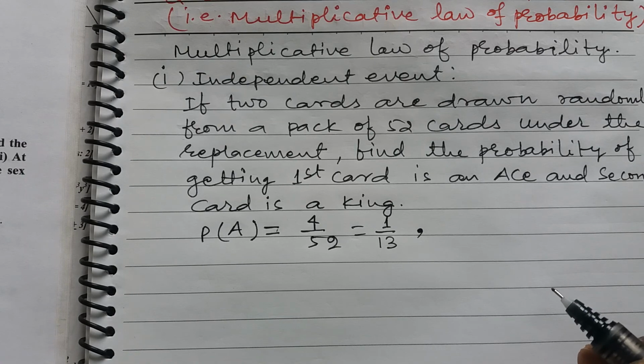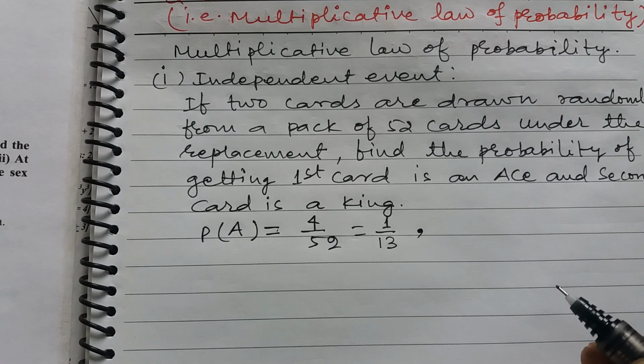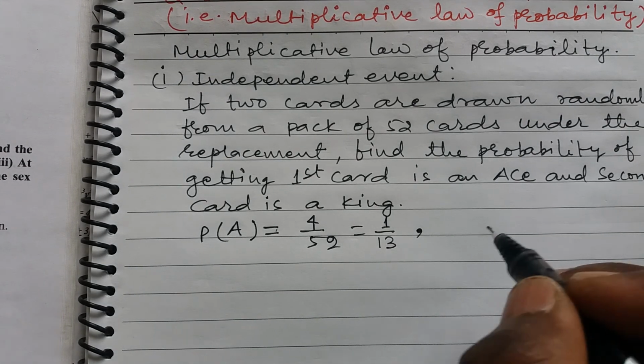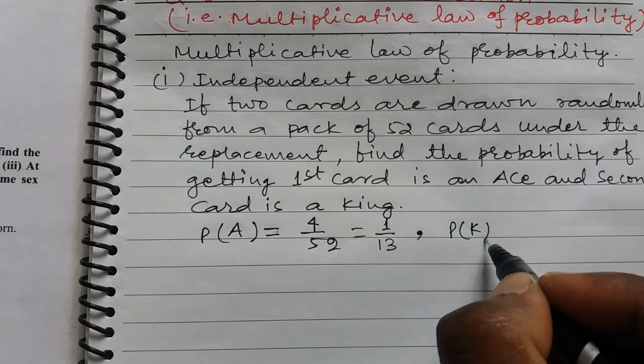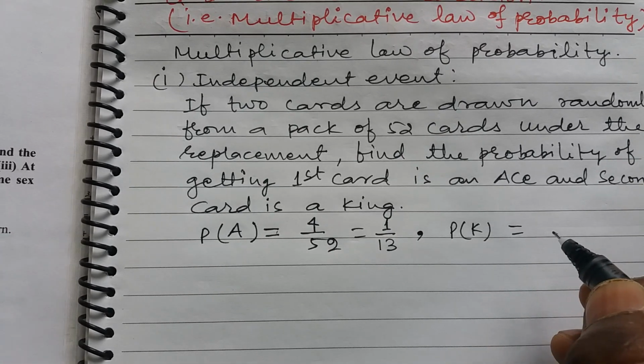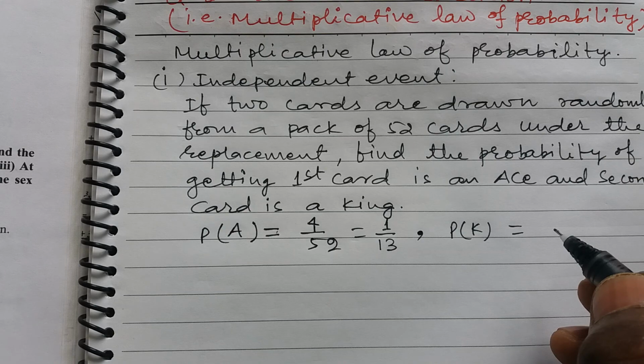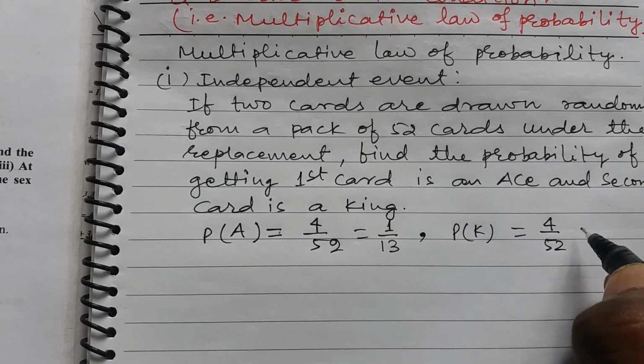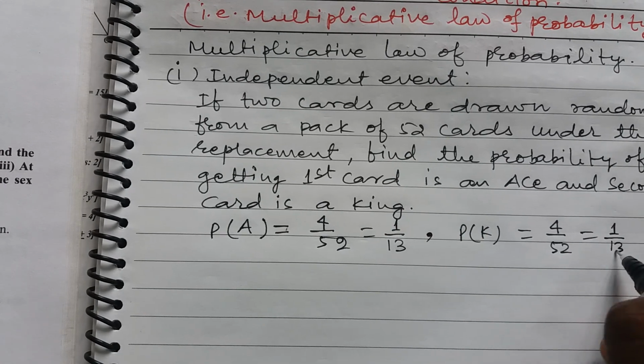So when the second card is taken out, the first card is already kept in the pack. Then altogether how many cards are there? Again 52 cards. Then what is the probability of king from the pack of 52 cards? Then it is again 4 by 52 and it is 1 by 13.